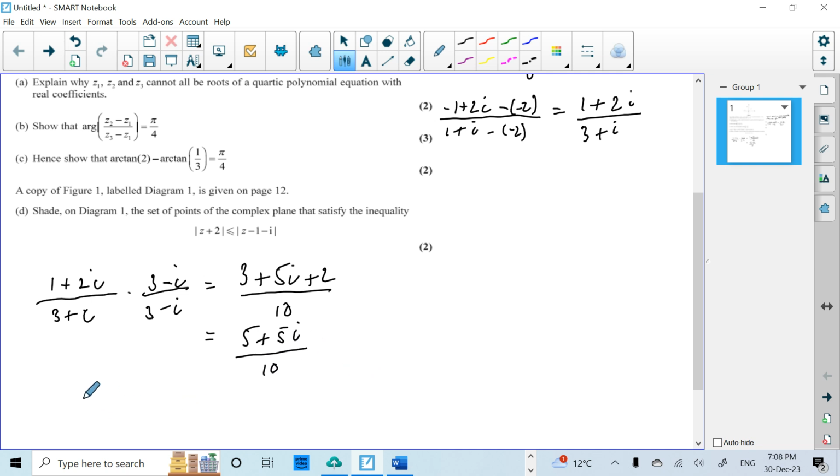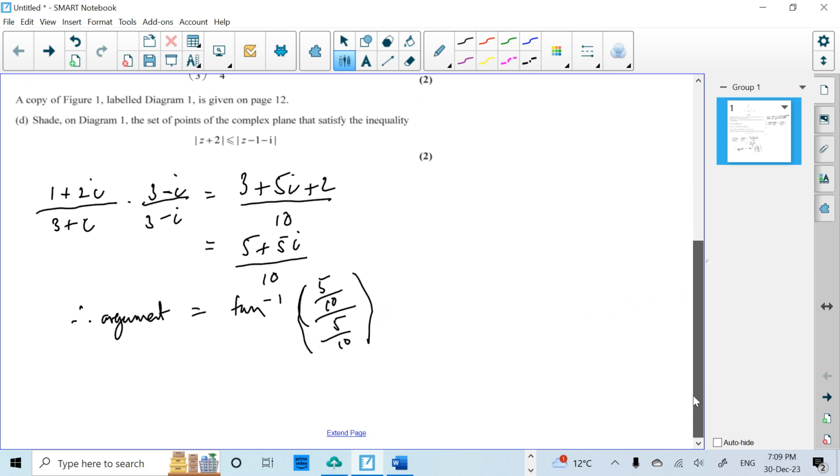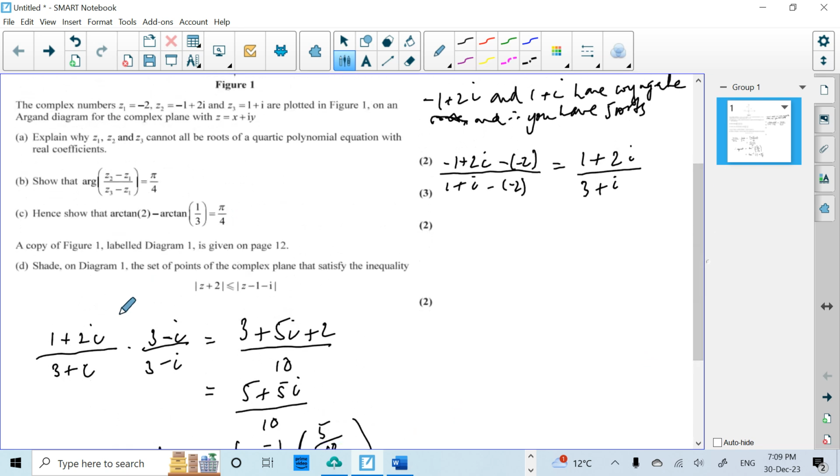Now, our argument is equal to the inverse tan of 5 over 10 divided by 5 over 10. Well, that's nice, that's 1, isn't it? So that gives us the inverse tan of 1, which is equal to pi over 4. So that's part B done.